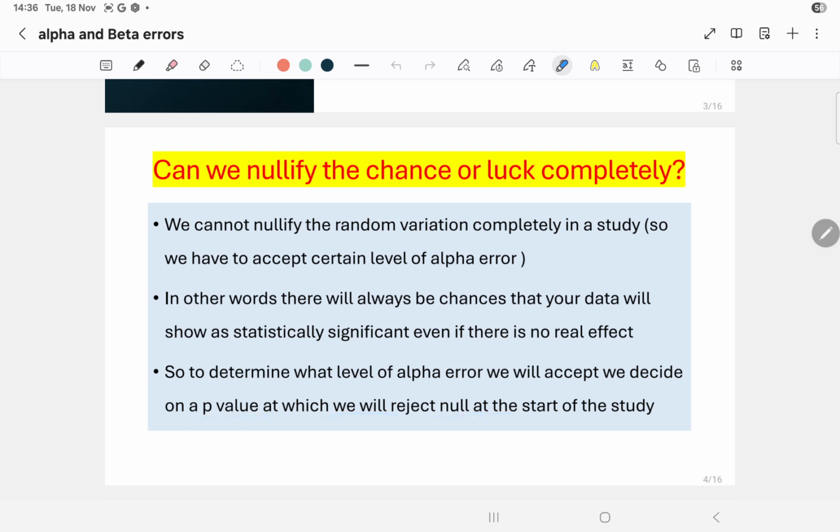Let's say I will reject the null hypothesis if my p-value comes as 5% or less than 5%. So we decide on a p-value at the start of the study. And what we are deciding is how much alpha error I will accept, how many chances I will accept.